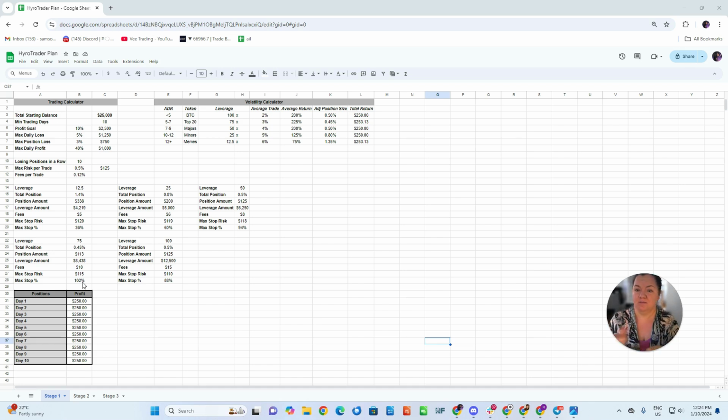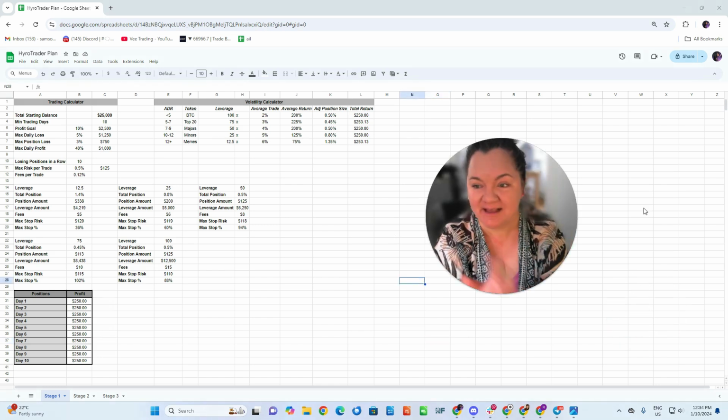Up here you can see the average return is about 225%, because you've got a good amount of volatility and leverage, and you don't have to risk as much. If you're trading something like Solana, it's got a good track history, it moves really nicely, it moves a lot of the time in conjunction with Bitcoin, and you still achieve the same results without having to trade meme coins on super high leverage.